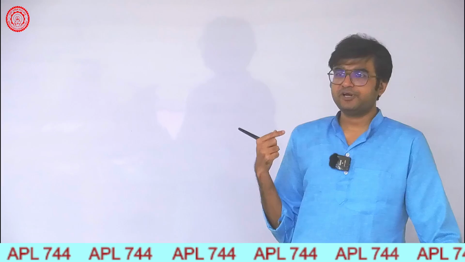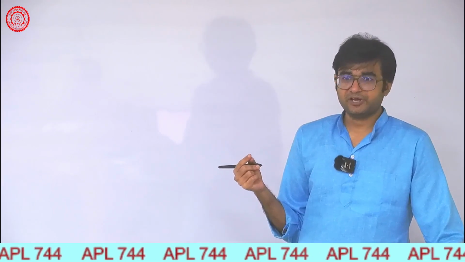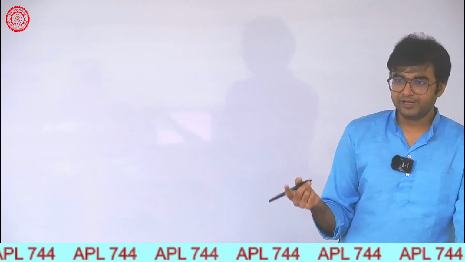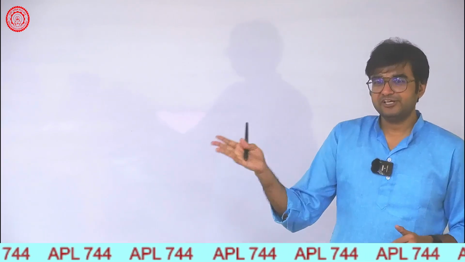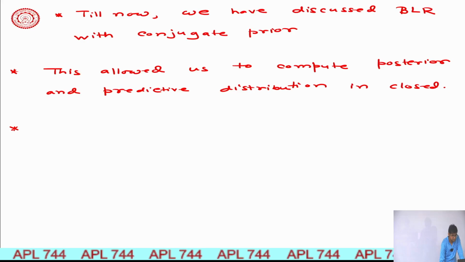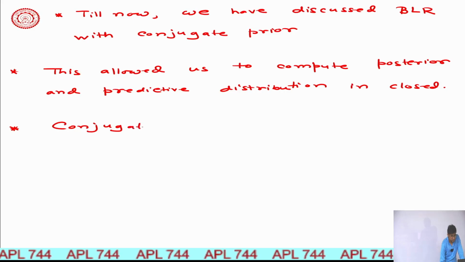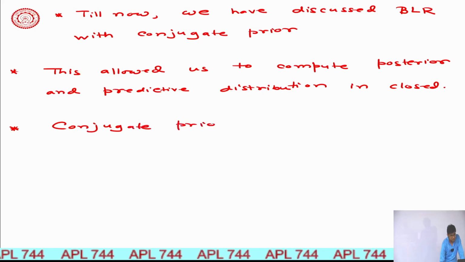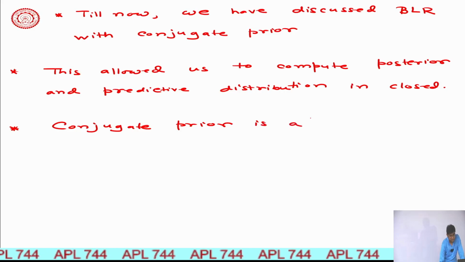But if you remember, I said it earlier that conjugate prior is a strong prior, right? We have already discussed that conjugate prior is a strong prior because it kind of limits your posterior to a certain class of distribution, and basically the same class as the prior. Okay. So conjugate prior is a strong prior.